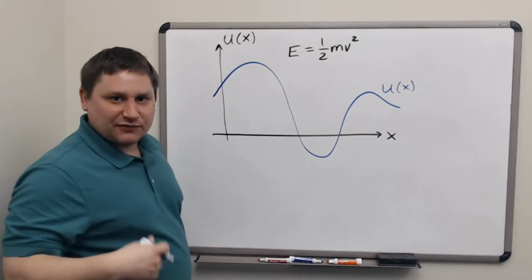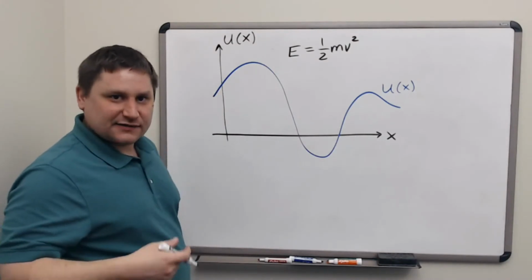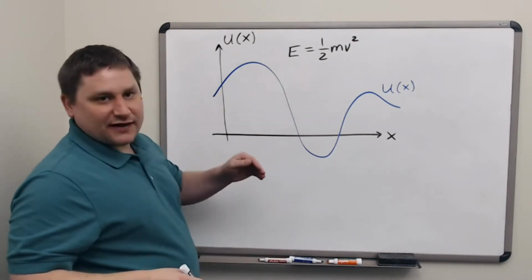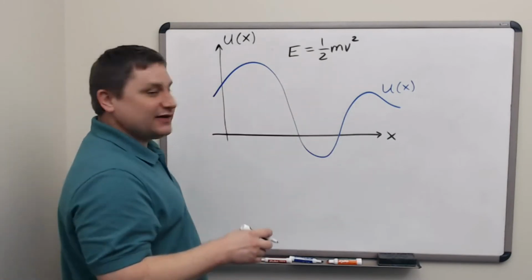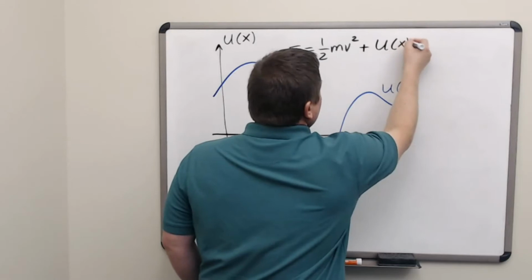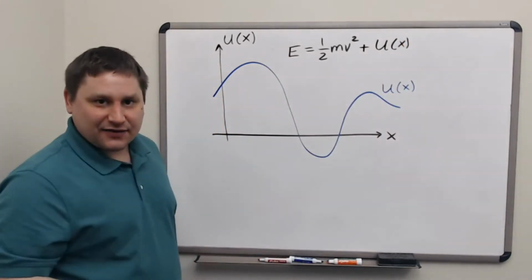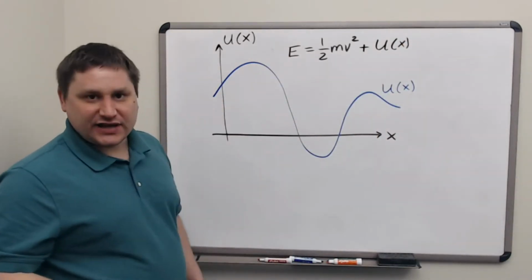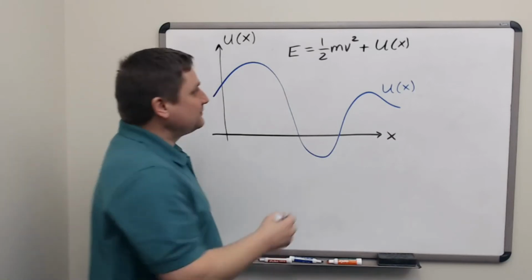Based on our initial assumptions about what the system is, there's one type of energy for kinetic, 1/2 mv squared, and one energy for potential. These two energies are added together to get the total mechanical energy E, which is a constant.